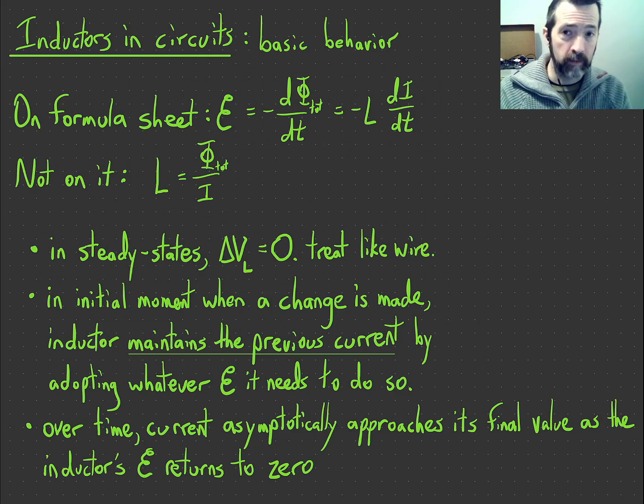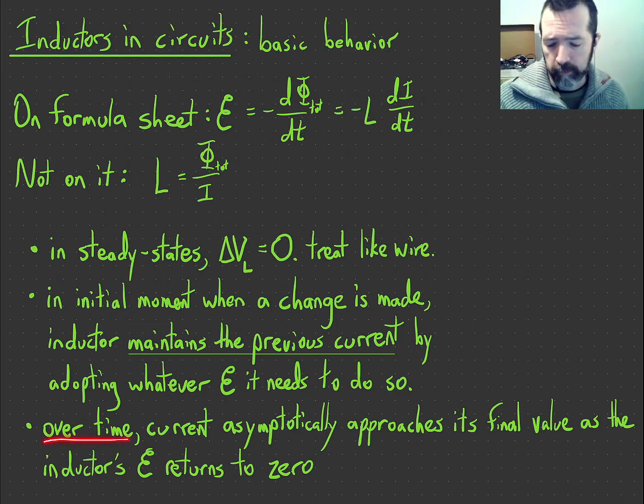Now it's not going to last. The EMF of the inductor will start to drop immediately, but instantaneously at time 0, it's just going to pick up the slack that the battery had, whatever that voltage was. So that's only instantaneously, again.